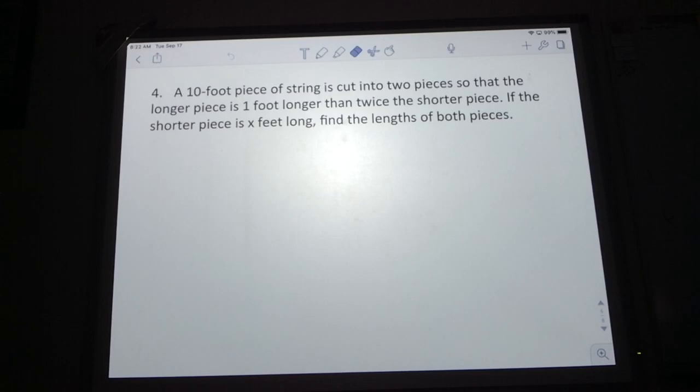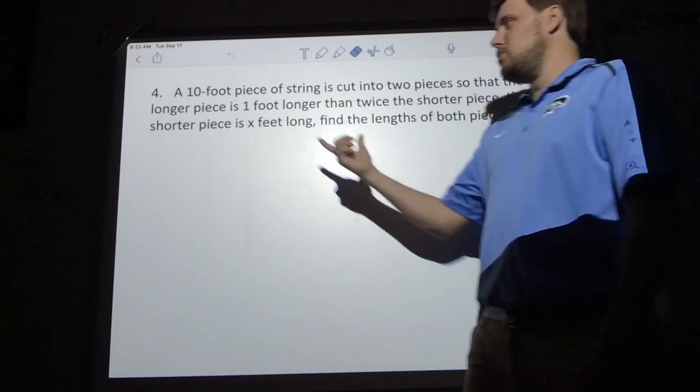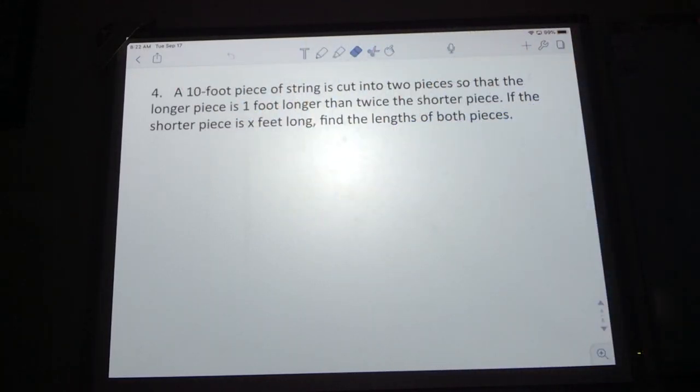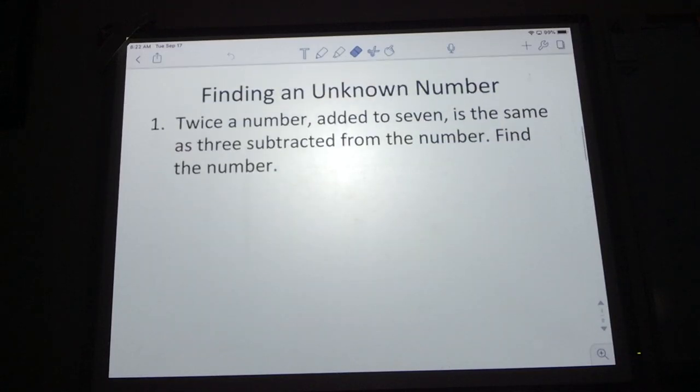Every year I have somebody tell me, well, one piece is 43 feet and the other one's 2. That doesn't make any sense. That would be a 45-foot piece of string. So that's what I mean by check to make sure it's logical. Your answers should add up to 10. If they don't, then you made a mistake somewhere. We'll get to that one when we get to it.